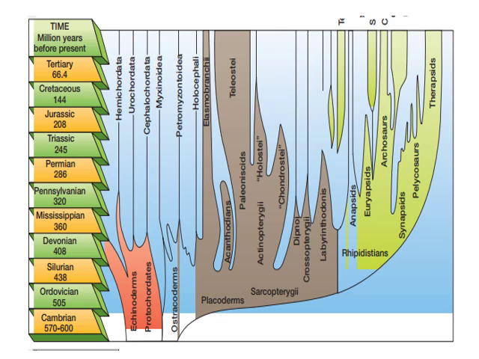Here is a phylogenetic tree. You can see time and then different lineages and time periods: Tertiary, Cretaceous, Jurassic, Triassic, Permian, Pennsylvanian, Mississippian, Devonian, Silurian, Ordovician, and Cambrian. Here is Placodermi, and then Sarcopterygii. Sarcopterygii gave rise to Dipnoi.